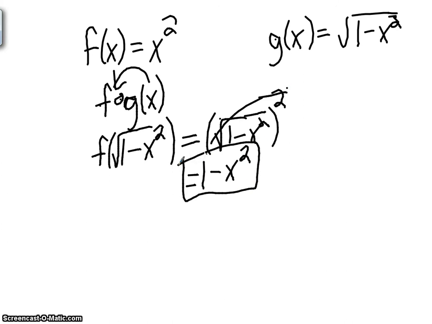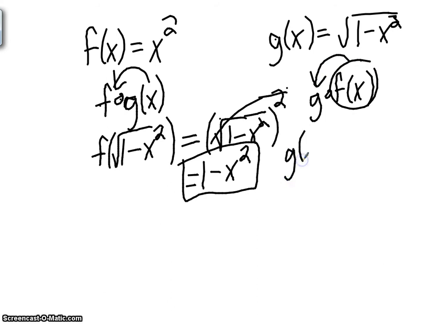Now if I'm looking at g composed of f of x this time. So the equation f of x gets plugged into the g equation, and I'll have g of x squared. Now whatever is in the parentheses gets plugged into the x right here.